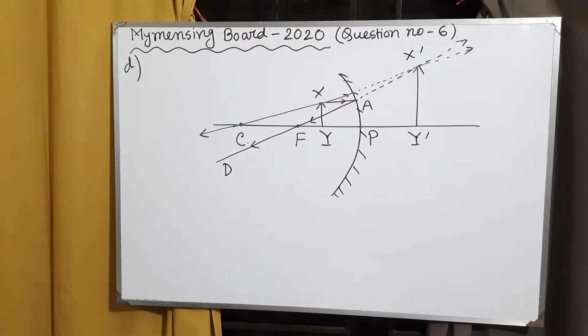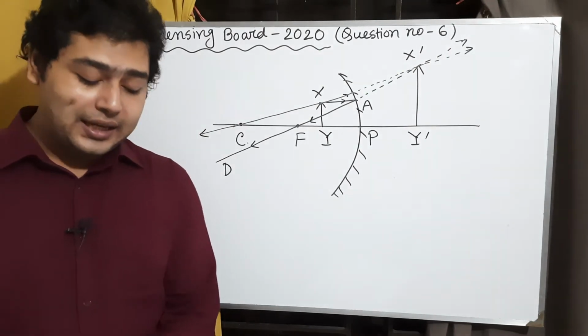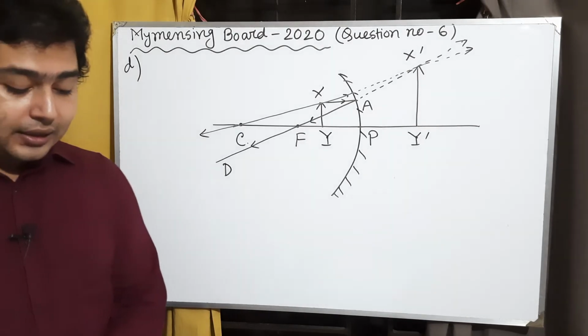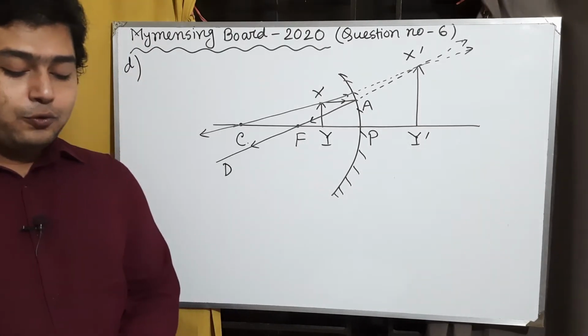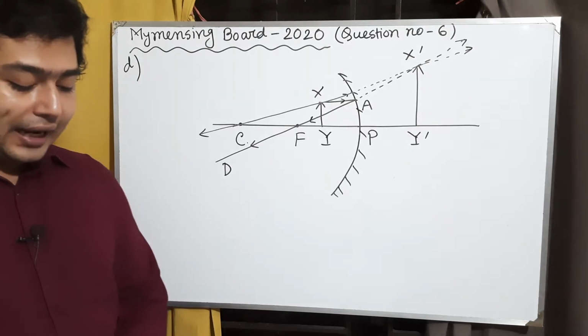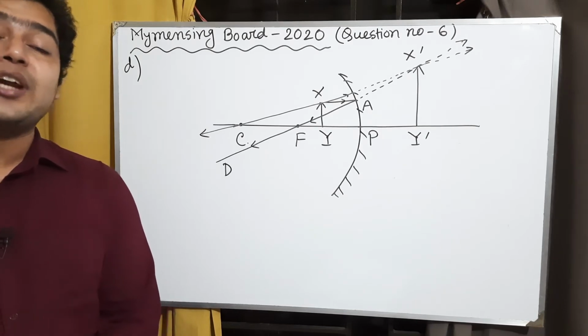Our question number D is: if an extended object is placed at a distance 5 centimeter away from the mirror, what will be the position, size and nature of the image? Analyze with appropriate ray diagram.